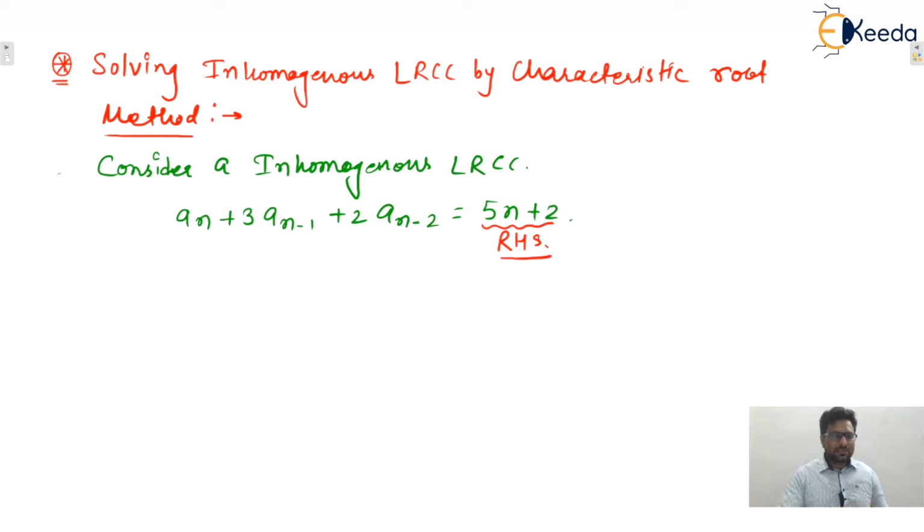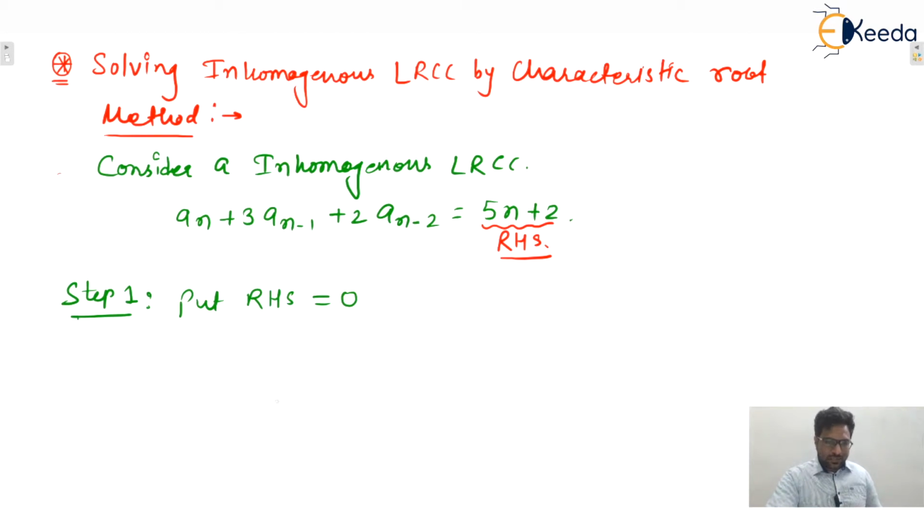So the first step is, let's say, step 1. In step 1, put the right hand side, whatever it is, equal to 0. That means first shift all recursive terms to the left hand side, then whatever is in the right hand side, put that equal to 0.